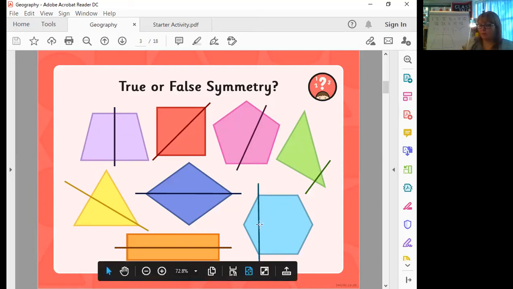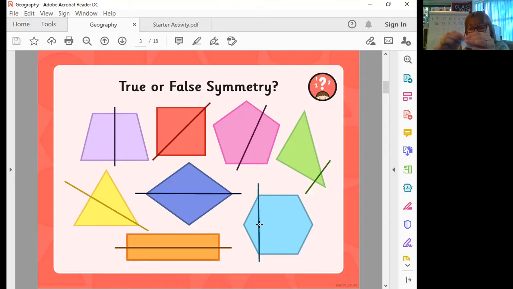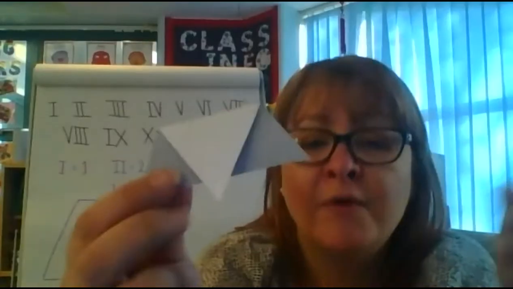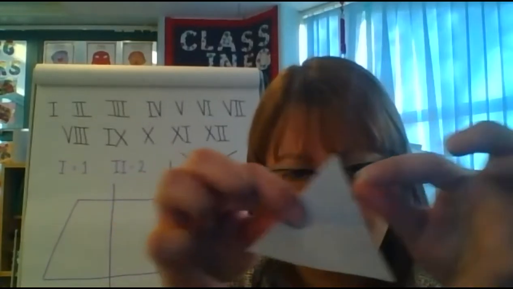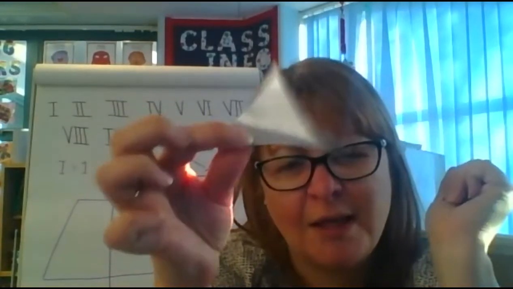Same here. If you look at my equilateral triangle, if I folded it like that, I'm folding it through the middle. Can you see? Let me come off share. I'm folding it through the middle, but this bit here doesn't look like this bit here.